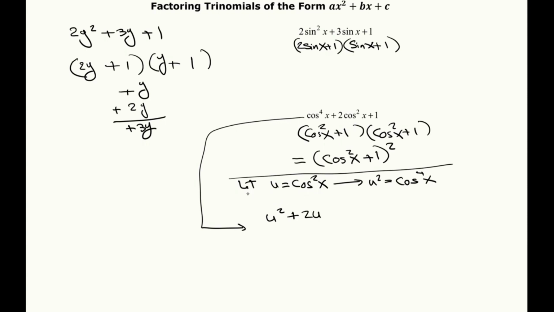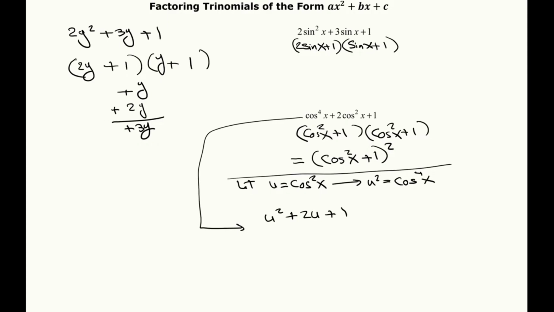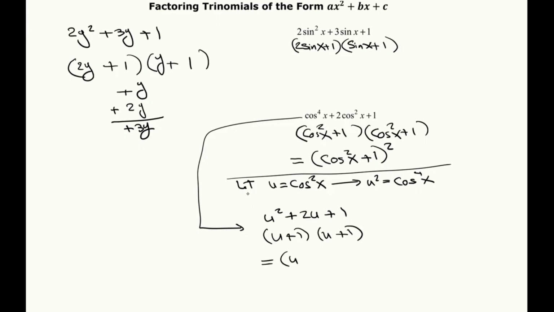So plus 2u plus 1. So you get this simpler looking expression, and you go ahead and factor it as u plus 1 times u plus 1, which is u plus 1 squared. After u has served its purpose, you go ahead and substitute back what it was, which was cosine squared x. Cosine squared x plus 1 squared.